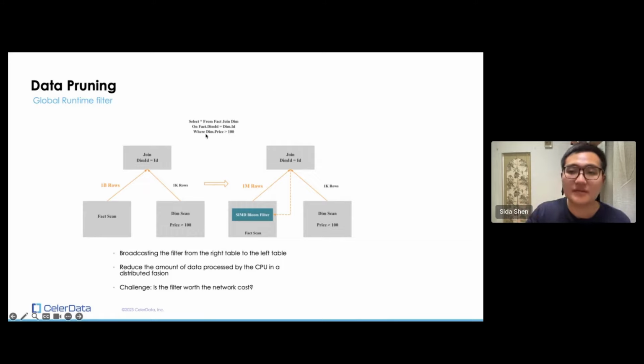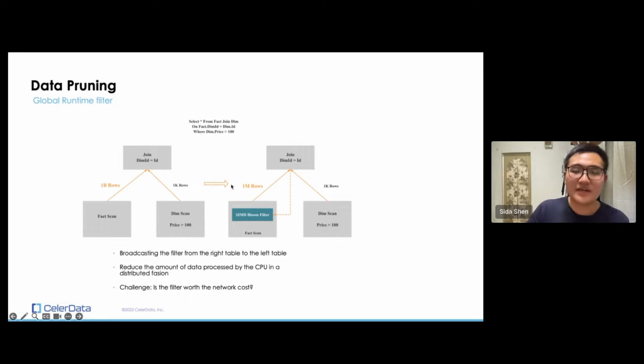Let's say the fact table scans a billion rows, and the dimension table scans 1,000 rows. What if we can send this predicate to the fact table, and it can save a lot of the data being scanned? It can possibly go from 1 billion to 1 million.